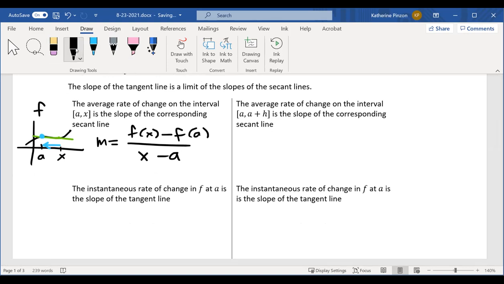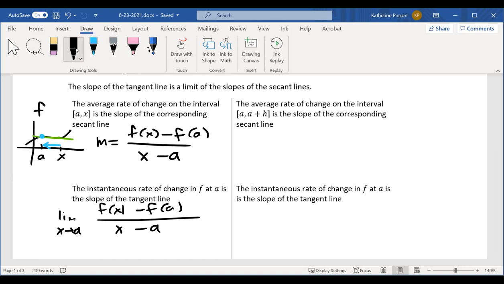So I'm going to take the limit as x approaches A of f of x minus f of a over x minus a. And this will tell me how fast it's changing at the instant when x equals a.